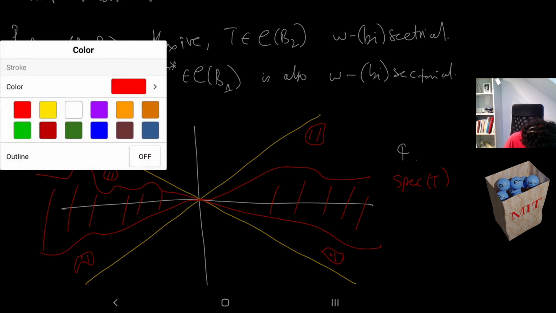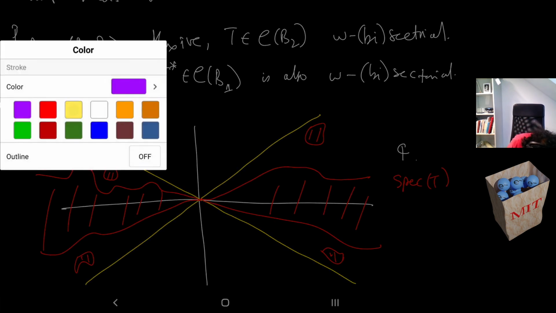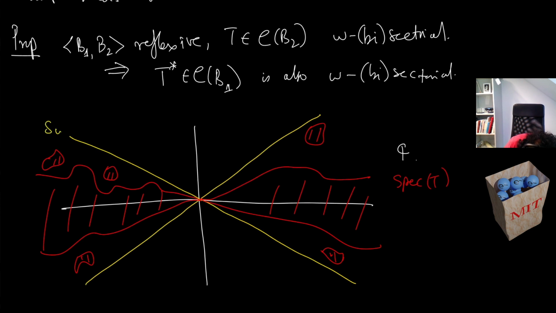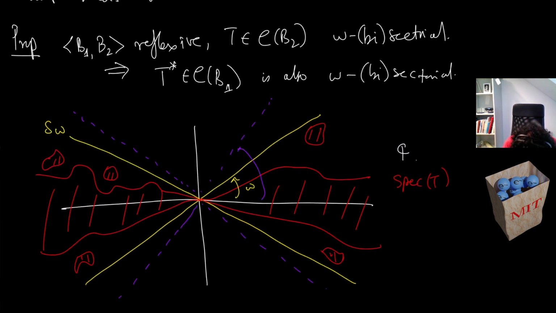And now we can look at a slightly larger sector. So this is the S omega that we have. So this is the closed set, and now we can look at maybe a slightly larger sector which is open, not containing zero. Okay, so this is an angle omega, and this is an angle mu.